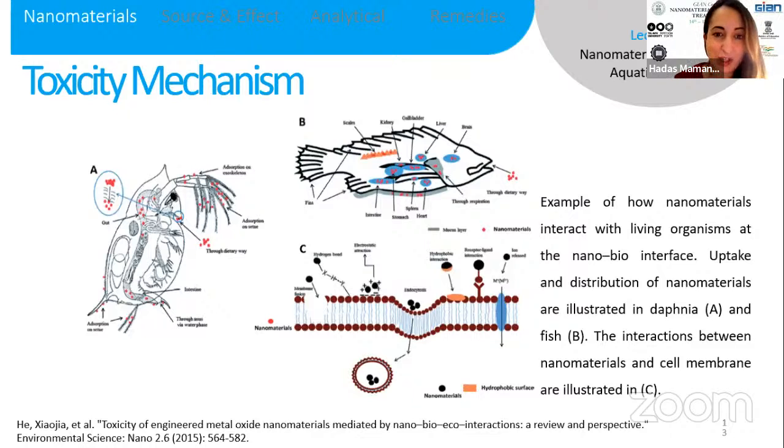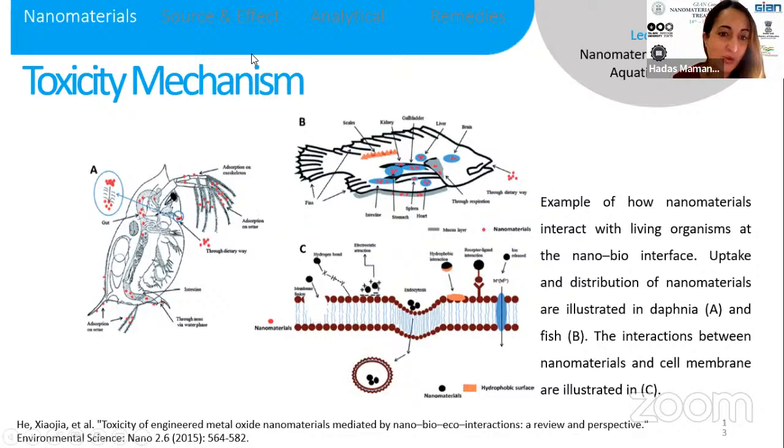So let's discuss a little bit about toxicity mechanisms. And here are actual examples of how nanomaterials interact with living organisms through the nano-bio interface, okay? So there can be, for example, uptake and distribution of nanomaterials.